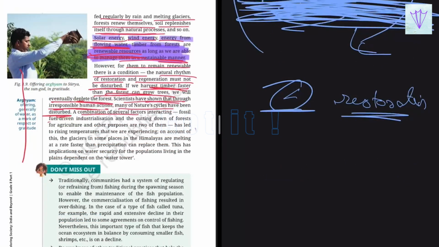So scientists have shown that through irresponsible human actions, many of the nature cycles have been intervened with. A combination of several factors interacting, fossil fuel driven industrialization and the cutting down of forests for agriculture and other purposes are two of them, has led to the rising temperatures that we are experiencing.